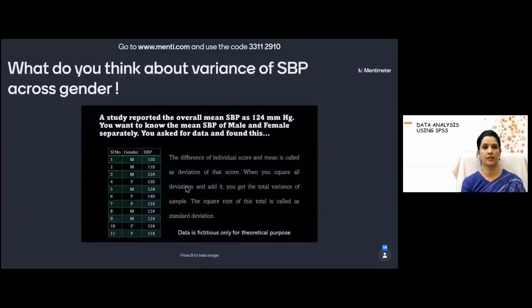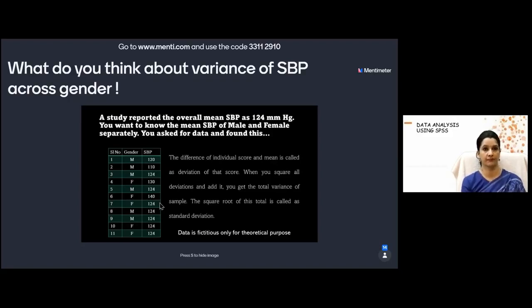If you see this data, now you can see here there is an individual, there is an overall mean, and you can see these two values, male, 120 and 124, 110. So there will be a group mean of these 11 people. If you take the difference of the individual score from the mean, it is called the deviation. When you square all the deviations and add them, we get the variance.